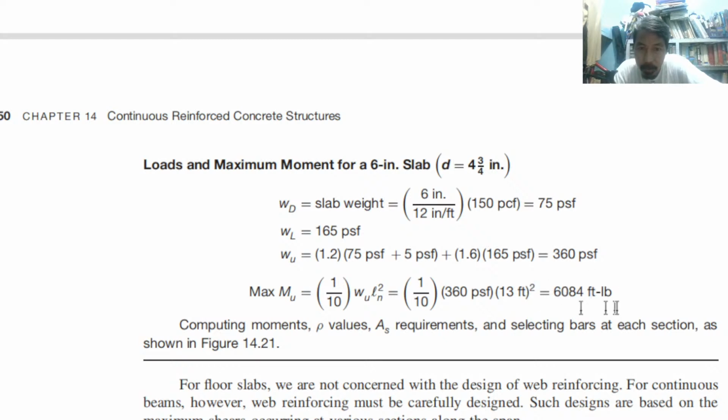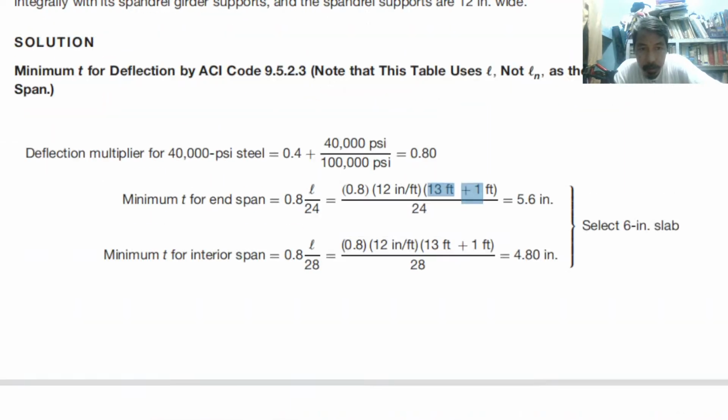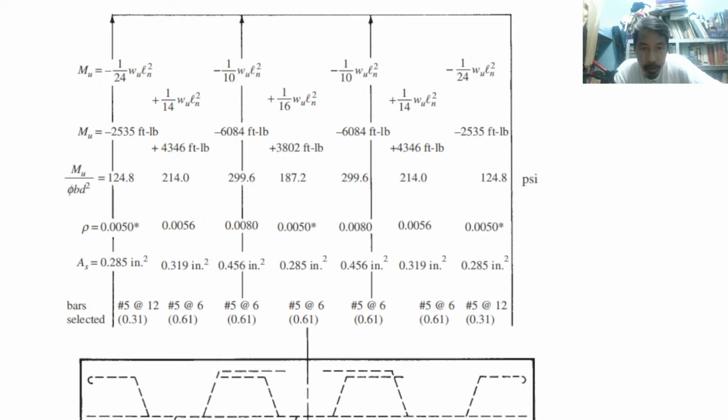So we have this maximum moment. As you can see here, which one has the highest? 1 over 10 is the highest compared to 1 over 24, 1 over 14, 1 over 16. So 1 over 10.